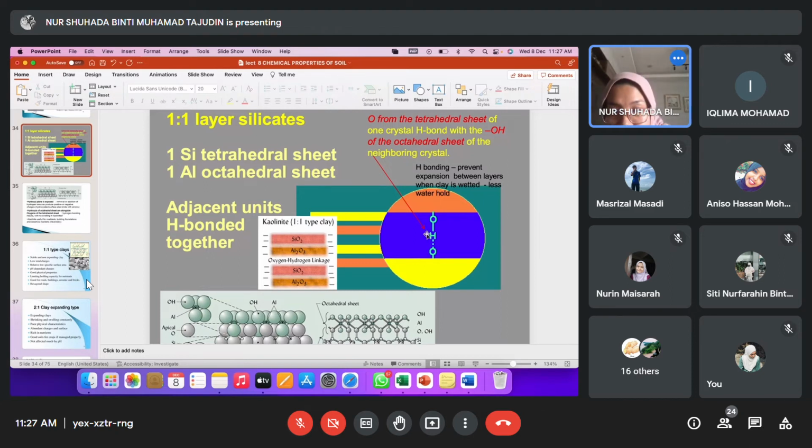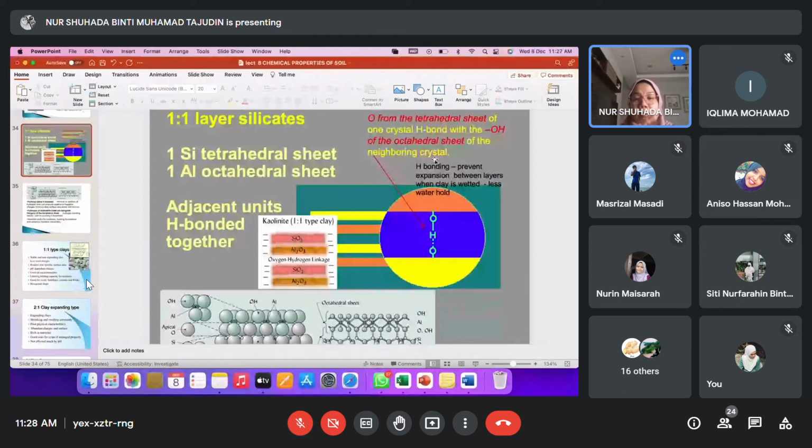This is OH, which comes from the octahedrals, hydroxide. The upper part is O. So between here and here, this is what we call hydrogen bonding. As you learned before, it is a strong bond, a tight bond. When there is a tight bonding between hydroxyl ions and oxygen ions, it prevents the expansion between layers.